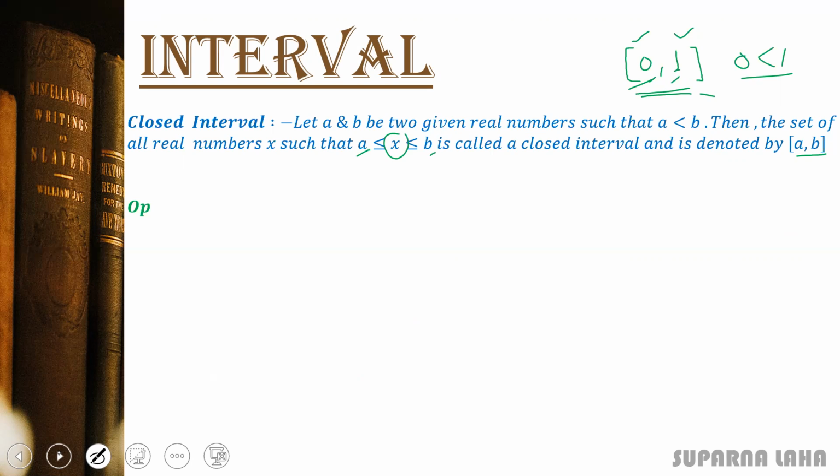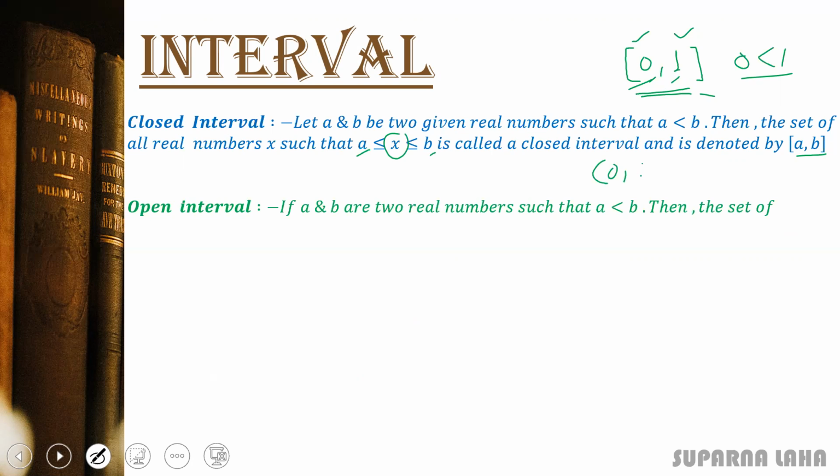Moving to the next definition, that is the open interval. Now if we write 0, 1 within round brackets, this type of interval we will call an open interval. What is the difference between open and closed interval? Same type of definition.